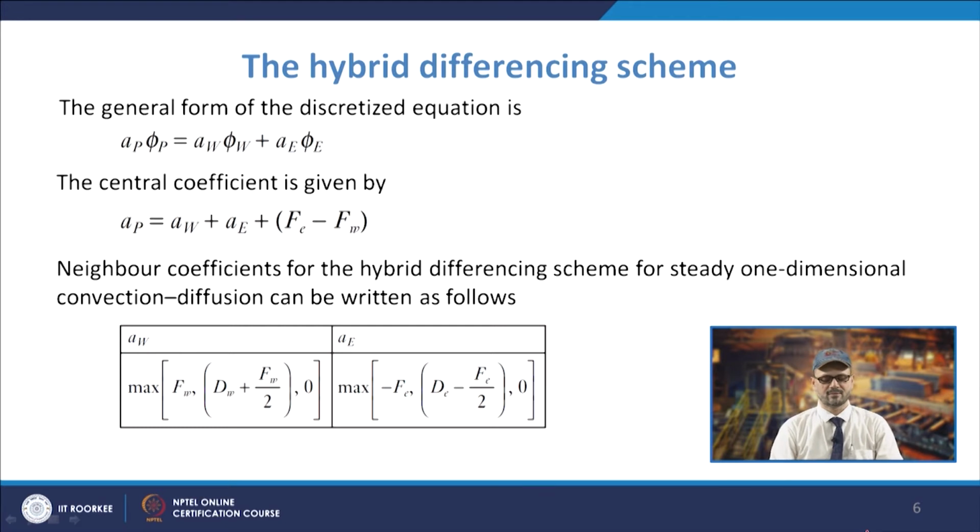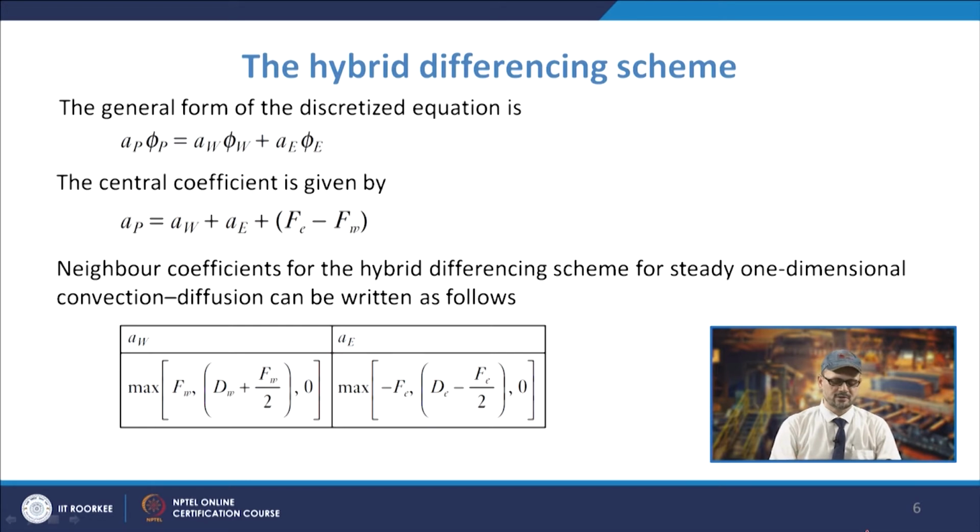So, in the case of hybrid differencing, it will take advantage of both central differencing as well as upwind differencing. Normally central differencing will be useful when your Peclet number is low. Central differencing is second order accurate, whereas upwind differencing is first order accurate, so they have different traits.